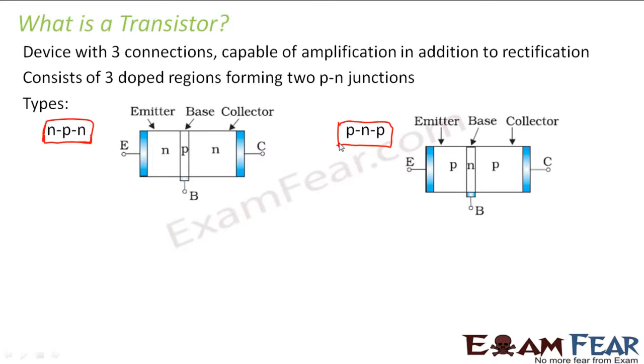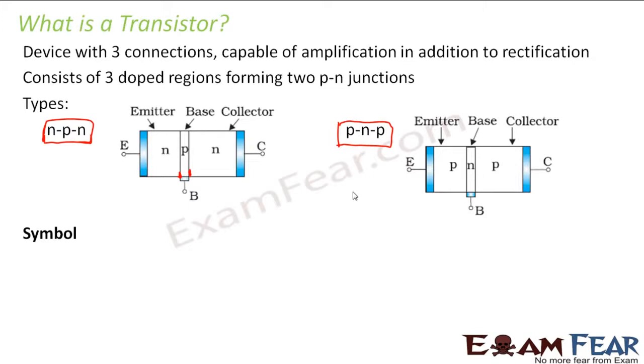So these are broadly the two types of transistor, PNP and NPN. Here you can see that now we have got two p-n junctions. This is one junction between this n and p. This is another junction between this p and n.